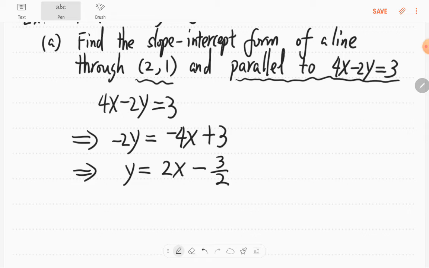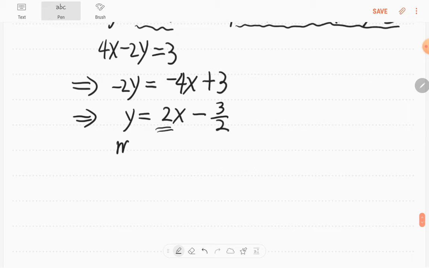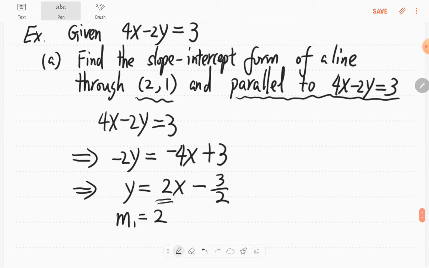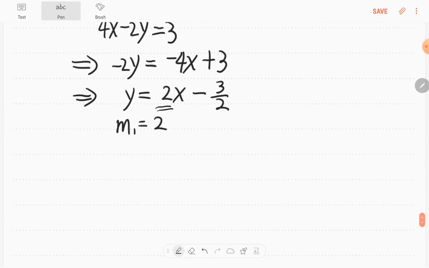So this is the slope-intercept form, right? In slope-intercept form, you can get the slope directly from the coefficient, the number in front of x. This is called the coefficient of x. So our slope m equals m1 equals 2, right? Since our new line should be parallel to this line, m2 is also equal to 2.